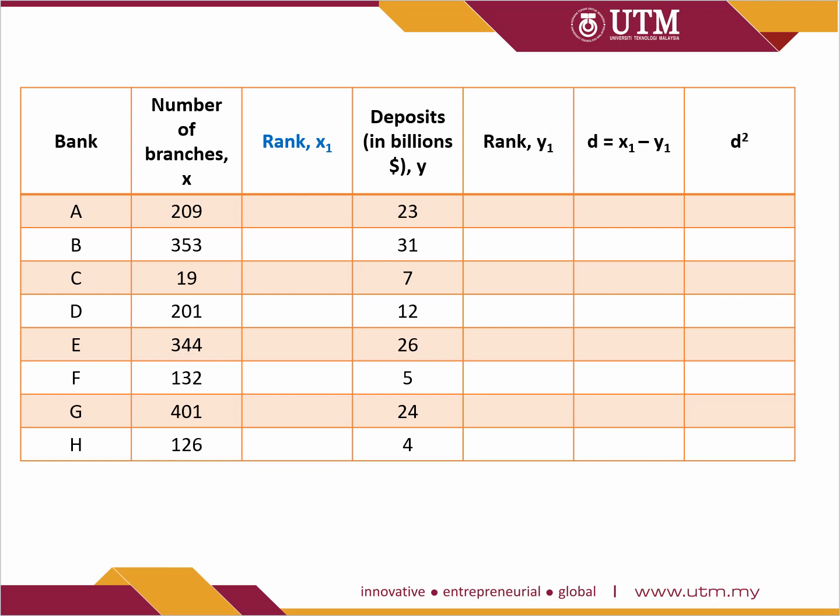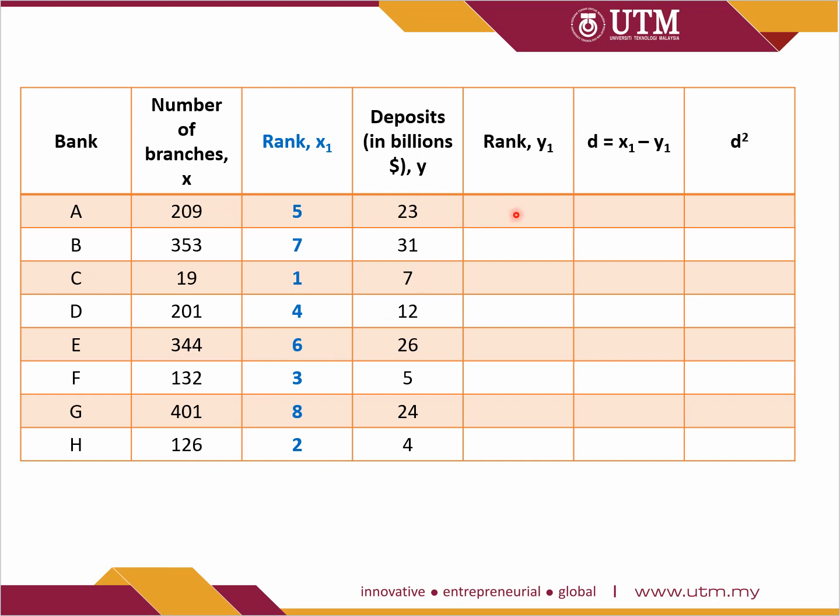So for the first one, the first rank would be the lowest value, which is 19, followed by 126, and then 132, and 101, and so on. So the ranks would be 1, second, third, fourth, up until 8.